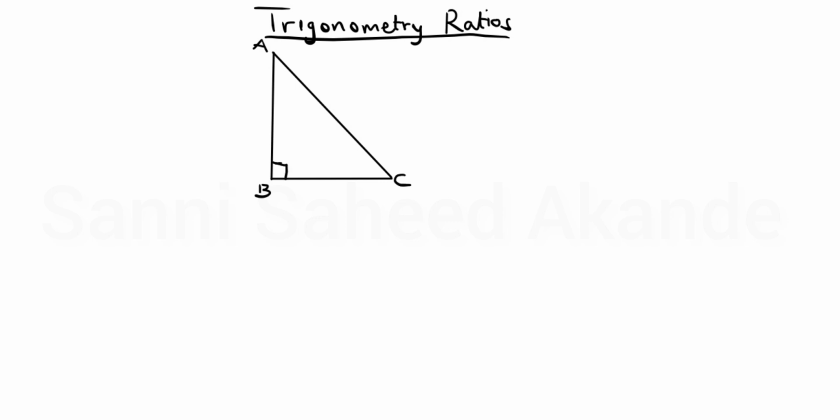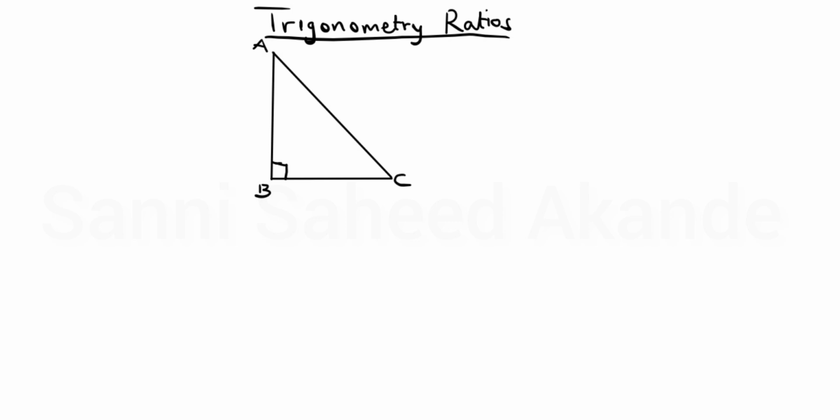You know, a right angled triangle has a 90-degree angle. So at this angle B is 90 degrees.